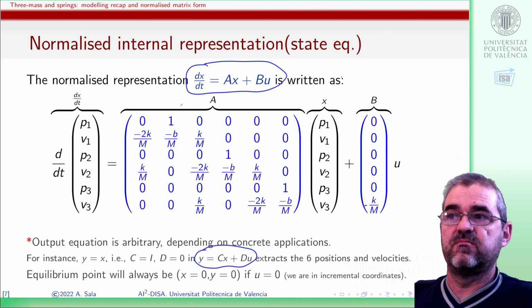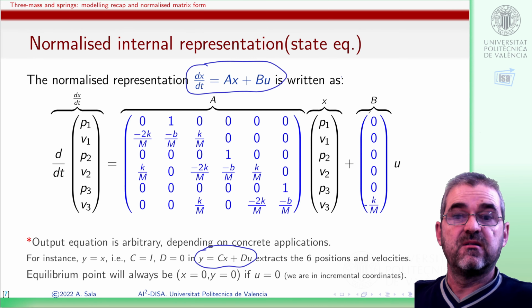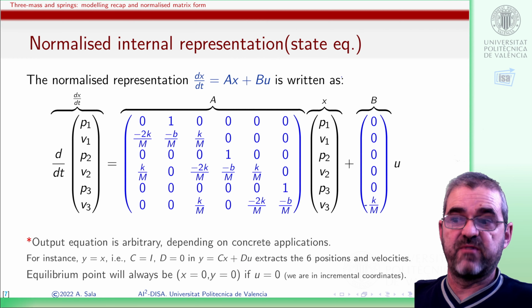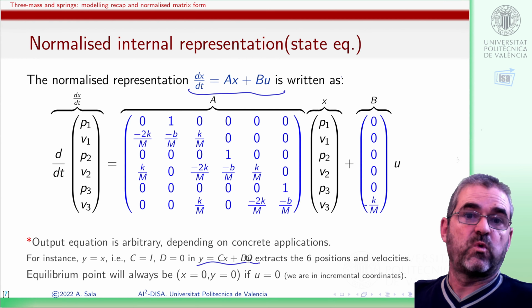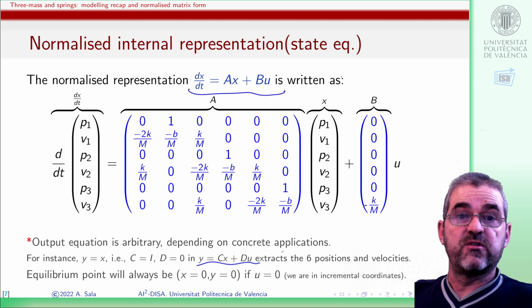So A and B will be the same for every use of this spring system, but C and D may change. So we'll conclude with this. We'll have this normalized representation, and we may write some C and D for my particular problem. These matrices A, B, C, D are used in theoretical developments and in linear system simulation software.